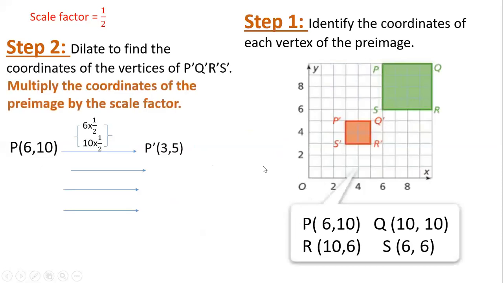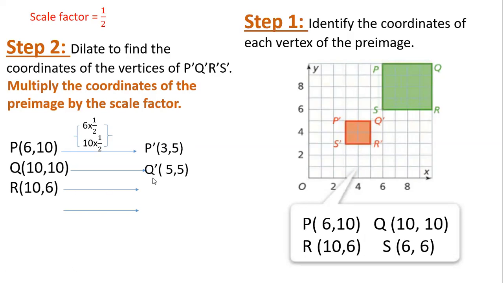Now the next coordinate, Q, 10, 10. So what is going to be Q prime? It's going to be 5, 5. Very good. Now R is 10, 6.